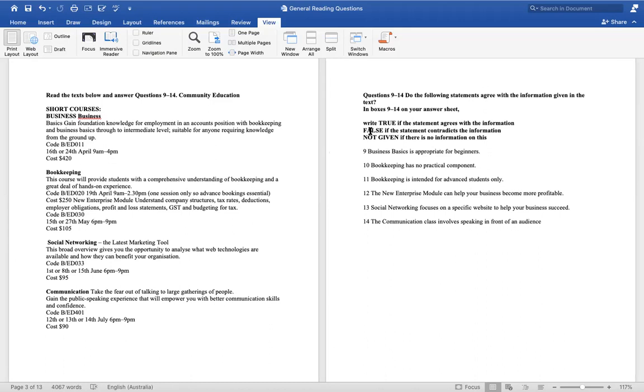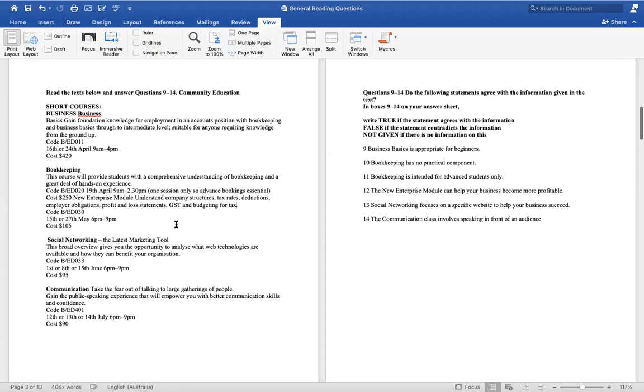So if you're struggling between false and not given, call it false only if it is contradicting or giving you the opposite information with regards to your reading passage.